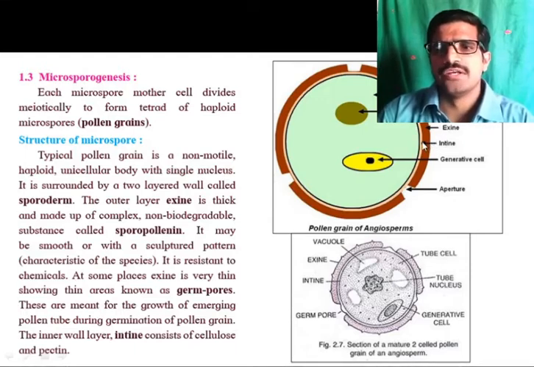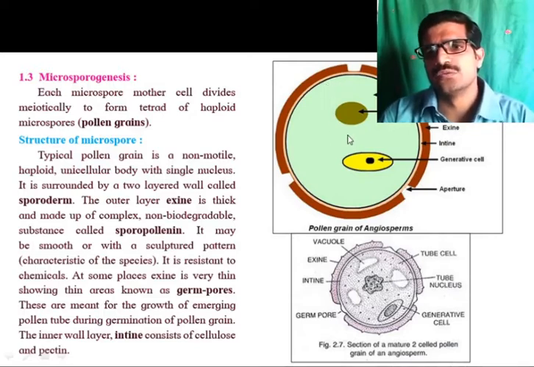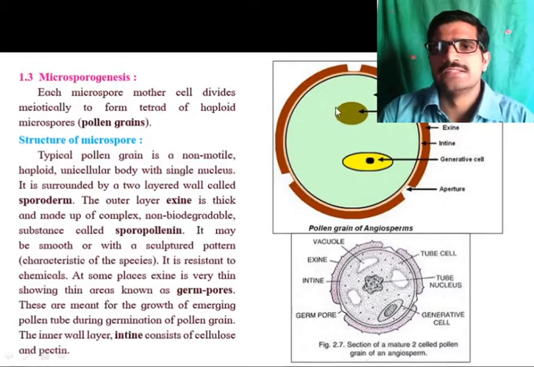During the act of pollination only it will transfer with the help of pollinating agencies. It is haploid in nature, only a single set of chromosome number is present, and the body of this pollen grain is unicellular with a single nucleus. So a single centrally placed nucleus is present, and it is surrounded by cell cytoplasm.